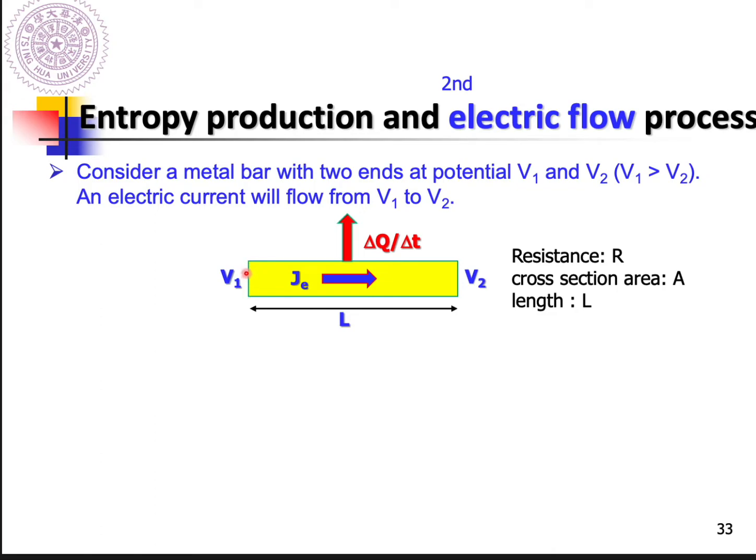We assume at this end the electrical potential is V1, and at the right end the electrical potential is V2. And we assume V1 is larger than V2, so there must be a current flowing from V1 to V2. This electrical current flows through this metal bar.